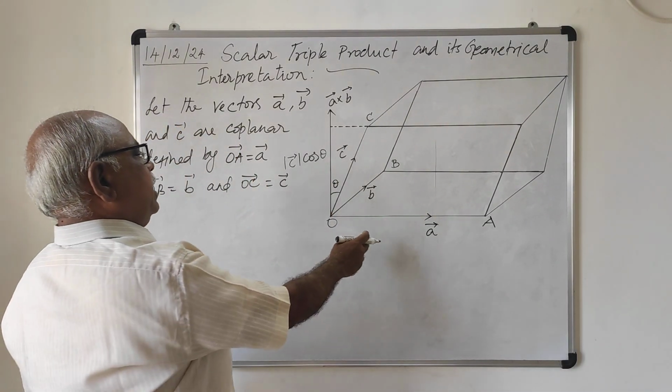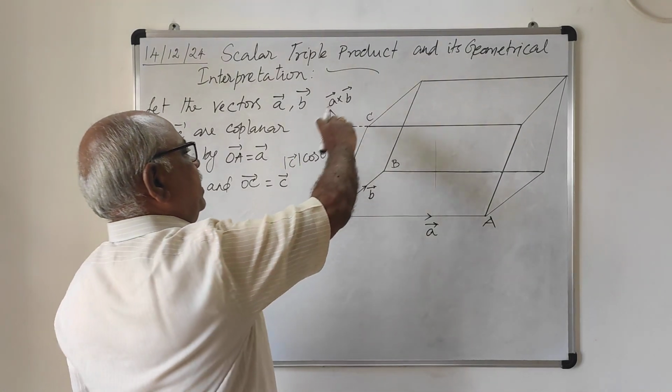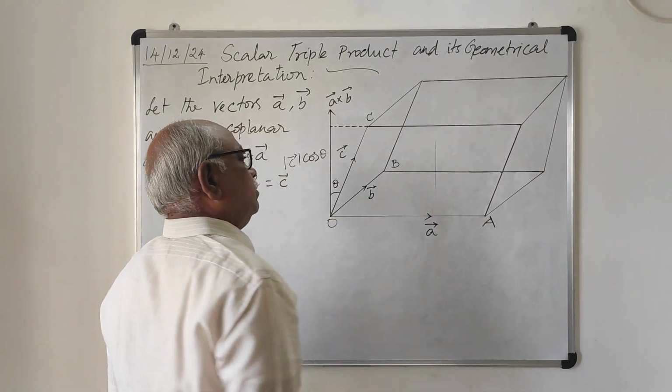Having these three vectors A, B, and C as coterminous edges of a parallelepiped, complete the parallelepiped.